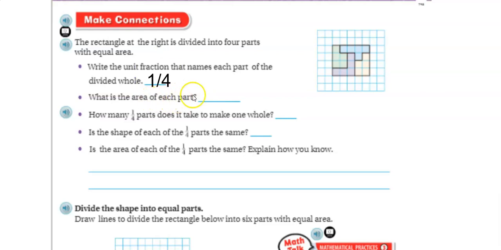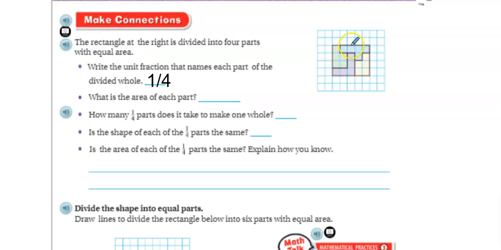And it says, what is the area of each part? So we want to go to 1 part, and remember the area is the inside. So it was like if you put a rug down, an area rug. So then you count the inside parts. There's 1, 2, 3, 4, 5. So there are 5 in each part. So let's just check the second one. Okay, let me make sure that you guys are seeing me.